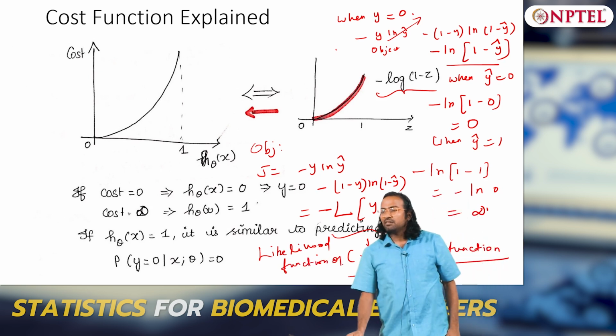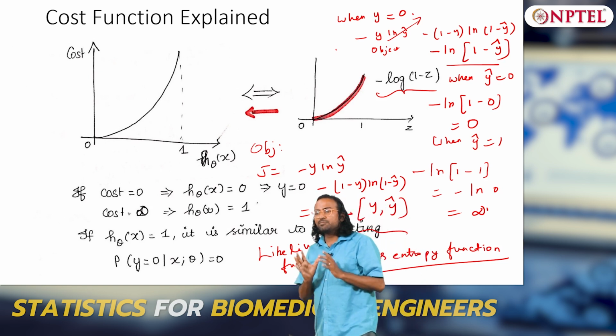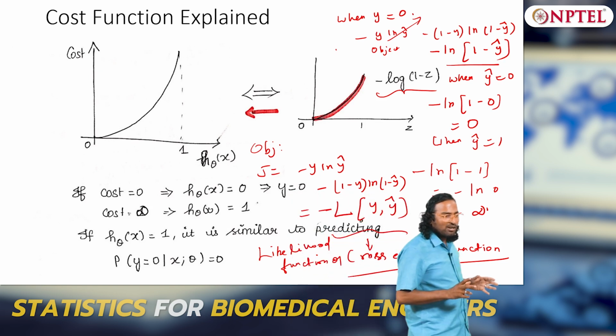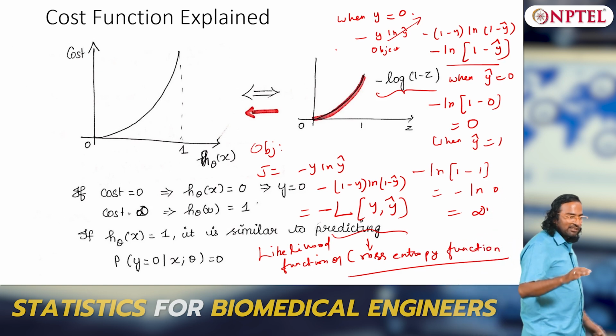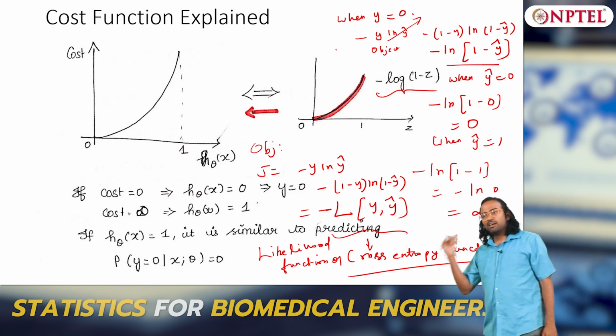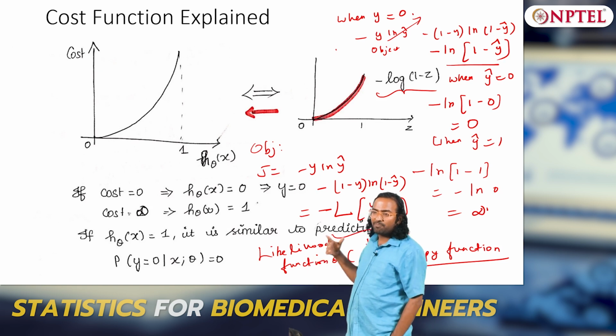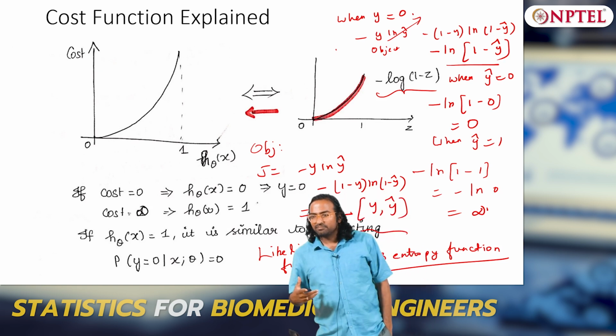Clear? Make sense? So this is my new objective function. You would only have heard of mean squared error, which is for prediction problems, meaning continuous outputs. This is for classification problems, that is, predicting discrete outputs. Clear?